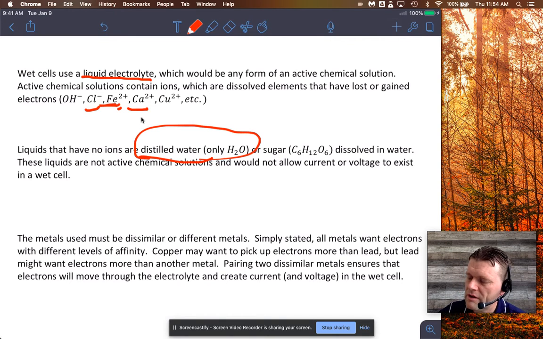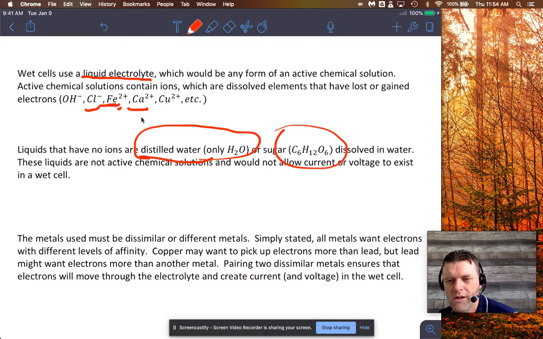Sugar dissolved in water will do the same thing. You might know sugar from your other chemistry, but it has no ions in it either. Okay, so those are two examples of electrolytes that won't work. Essentially, almost anything else will. Definitely acids are a great one. Acids, as you saw in the video, and even bases work really well.